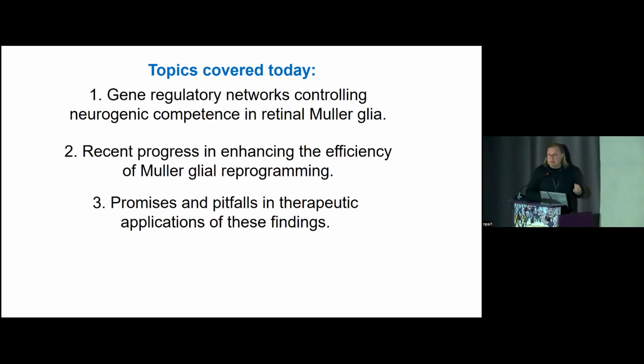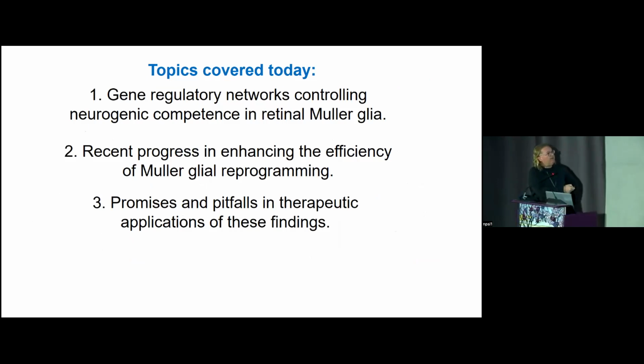So what I'm going to tell you about is first, published studies where we have used this approach to identify gene regulatory networks that are activated following injury in both regeneration-competent and incompetent species. I'll then present unpublished data that shows how we have taken this further and identified additional components of the network.